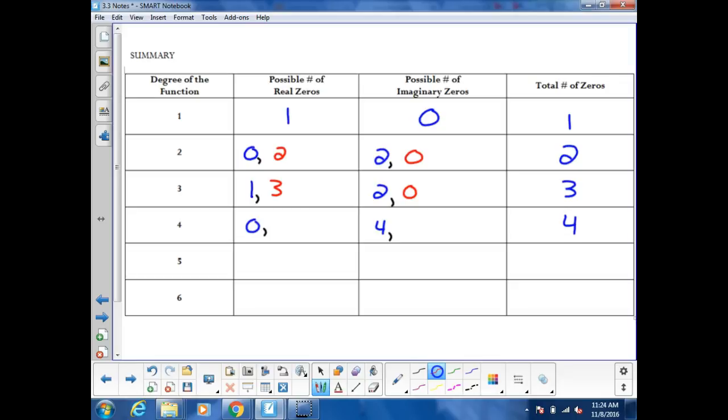If I have 2 reals, how many imaginaries? 2. Can I have 3 real zeros? No, because then I'd have 1 imaginary, right? Okay. Can I have 4 real zeros? Yes. Which then means I'd have how many imaginaries? 0.